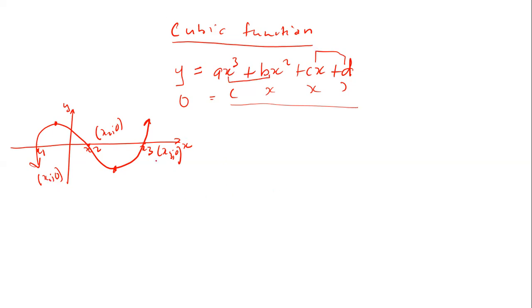Now, let us do an example, whereby we are given a cubic function. Say number 1, you are given a cubic expression, okay? It's a polynomial. So let's say we have x to the power of 3 plus 5x to the power of 2 minus 4x subtract 20, okay?